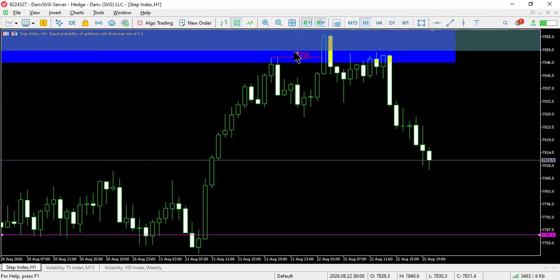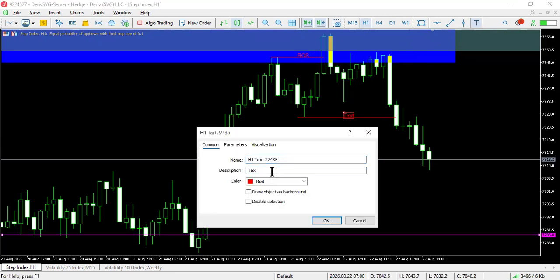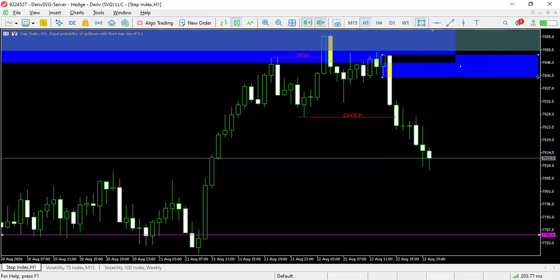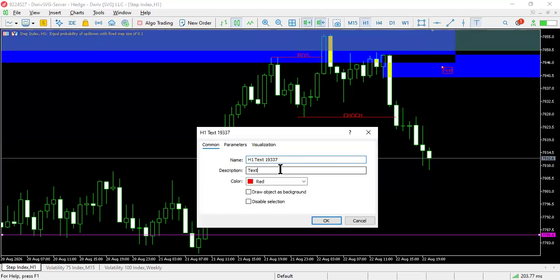We have a break of structure, and then we have this change of character. We do have that change of character, and then the order block which caused the change of character, it is that order block where now we can position for a sell.